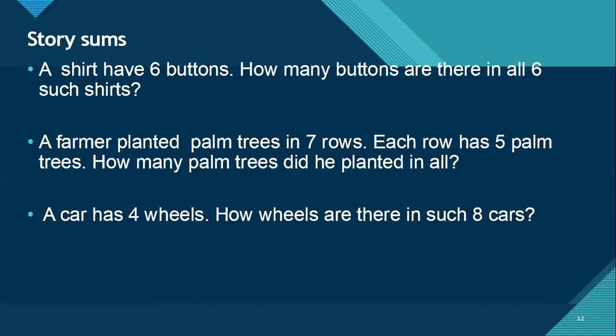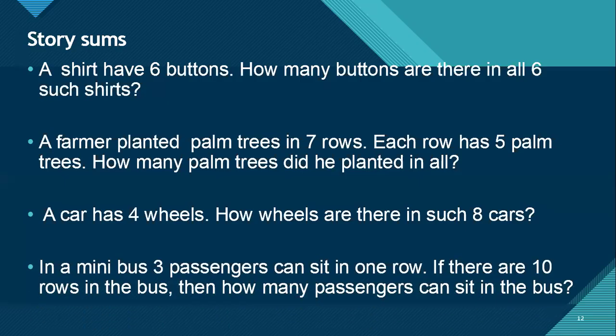Now the next story sum. In a minibus, 3 passengers can sit in 1 row. If there are 10 rows in a bus, then how many passengers can sit in the bus? Simply we have to multiply.